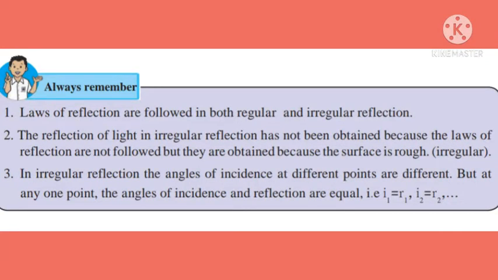Irregular reflection is obtained not because the laws of reflection are not followed, but because the surface is rough. In irregular reflection, the angles of incidence at different points are different, but at any point, the angles of incidence and reflection are equal. That is, I1 = R1, I2 = R2, and so on.